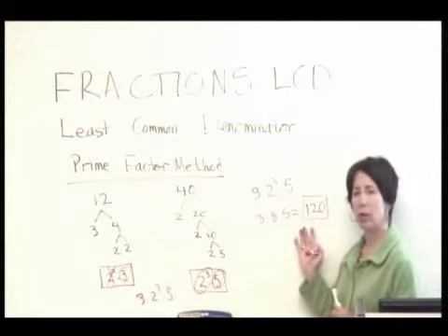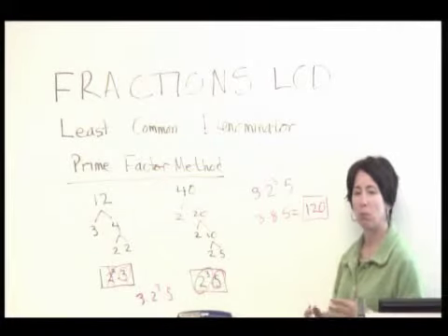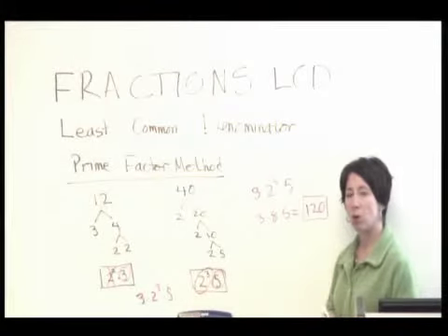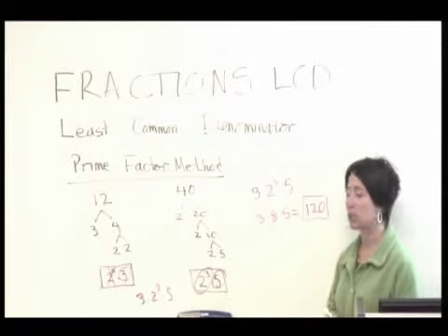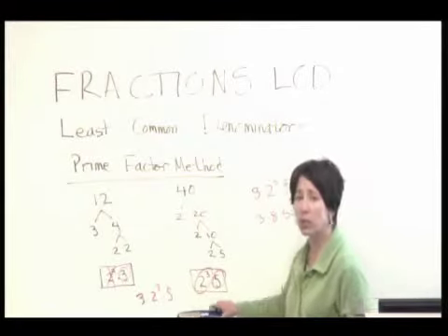So for smaller numbers, the prime factor method takes a little bit more time, so it's really not that worth it for smaller numbers. But for larger numbers, even though it takes time, it doesn't take as much time as writing the list out would. So let's look at an example.